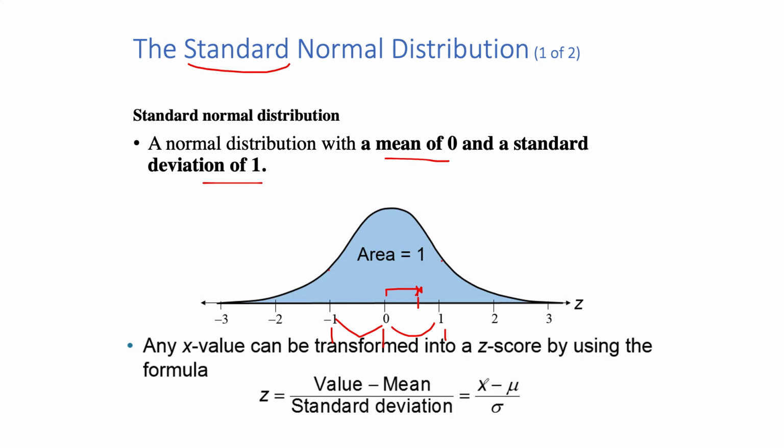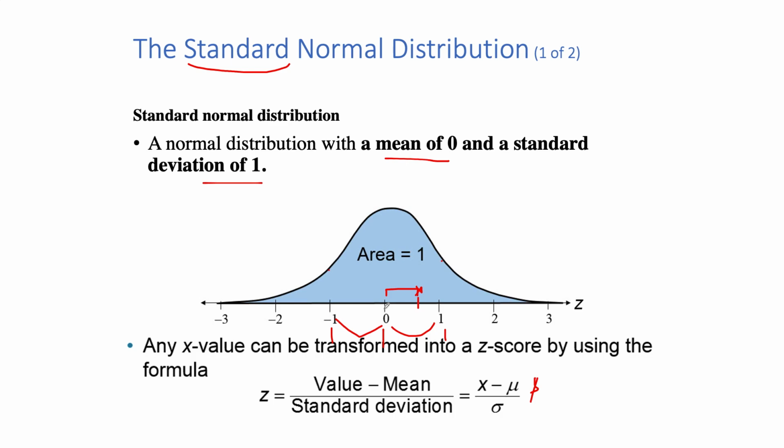Then x is in dollars, mu, the mean, is in dollars, so both are measured in dollars, and the difference is also in dollars. This tells me how far x is in relation to the mean. That's what the numerator is measuring, the distance between a value and where the mean of the distribution is, how far it is from the typical value inside the distribution.